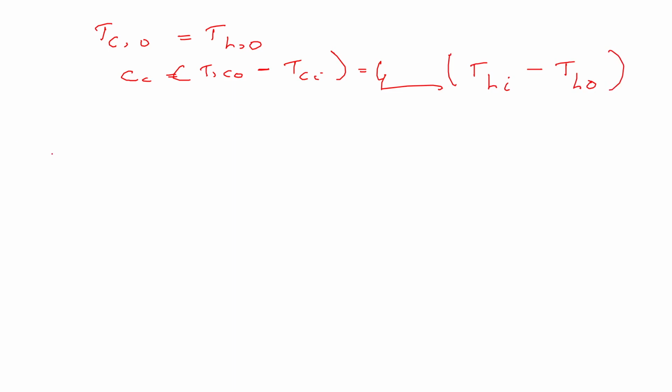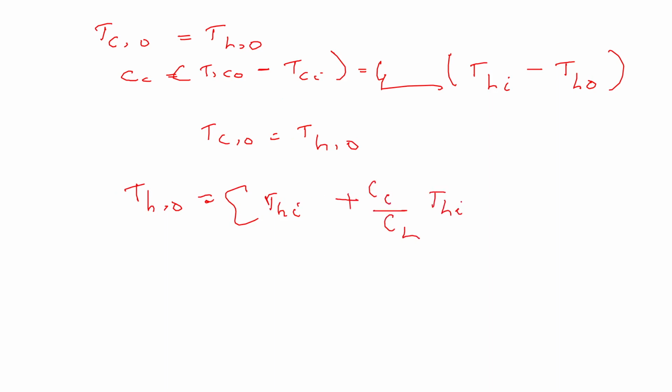Now we set the outlet temperatures: T_c,o is equal to T_h,o. Then the equation becomes T_h,o is equal to (T_h,i plus C_c divided by C_h times T_c,i) divided by (1 plus C_c divided by C_h). So using the inlet temperatures, you find the outlet temperature for the parallel flow.